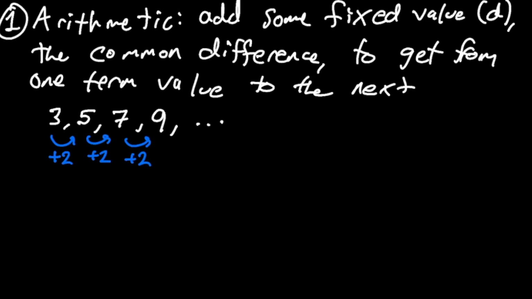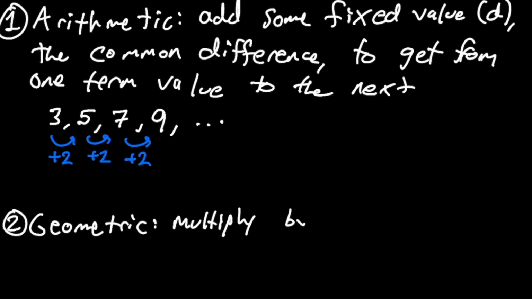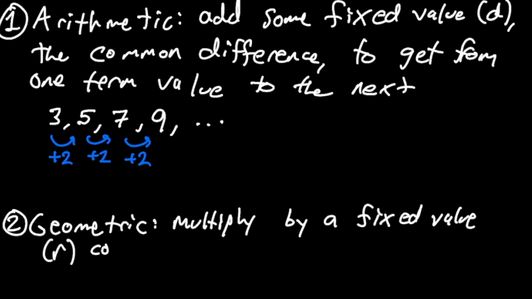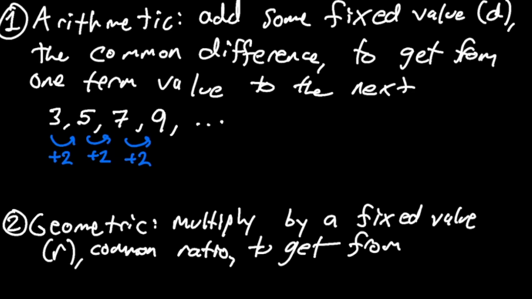Geometric sequences are similar to arithmetic sequences. However, we're looking at multiplying to get from one term value to the next. So we multiply by a fixed value. And this is often denoted as r, our common ratio, to get from one term value to the next.